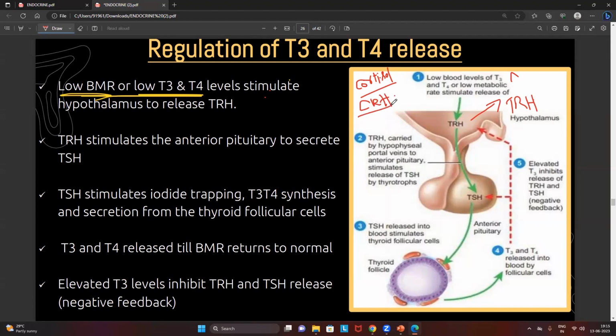Why CRH that time and TRH this time? Because that time the stimulating hormone is cortisol, and this time the hormone stimulating the neurosecretory cells is T3 and T4. So depending on the stimulus, the respective hormone is released from the hypothalamus.